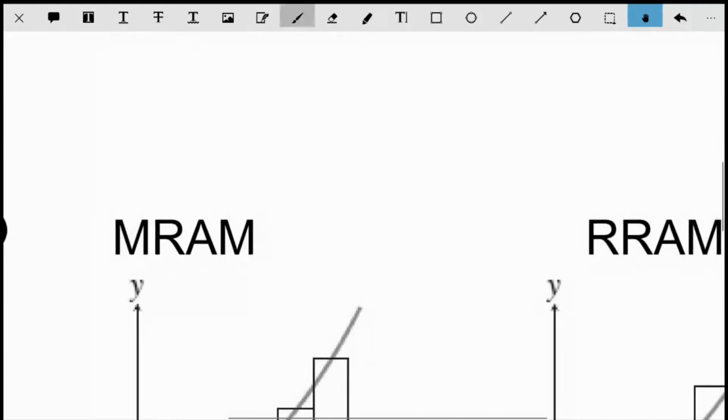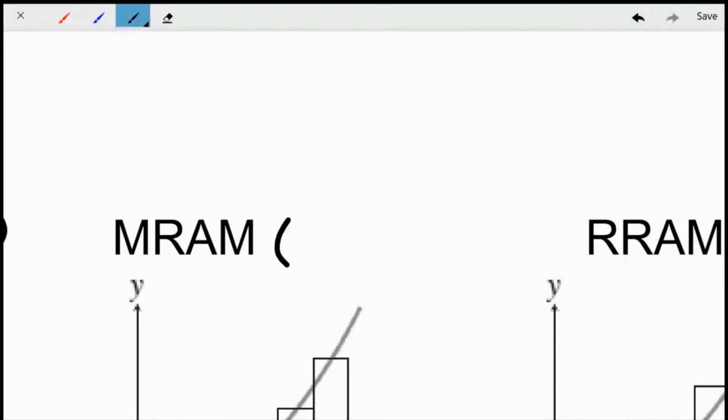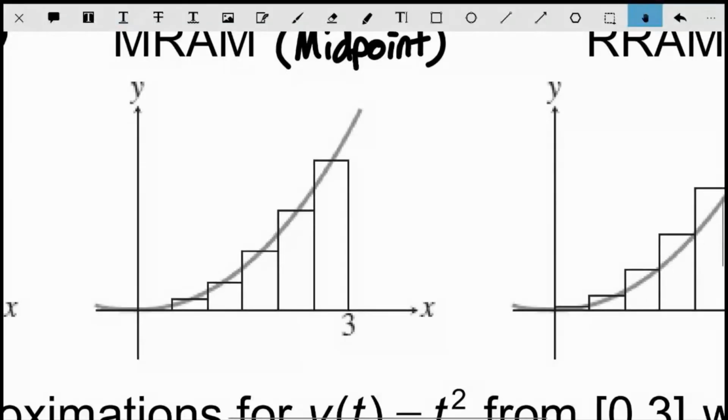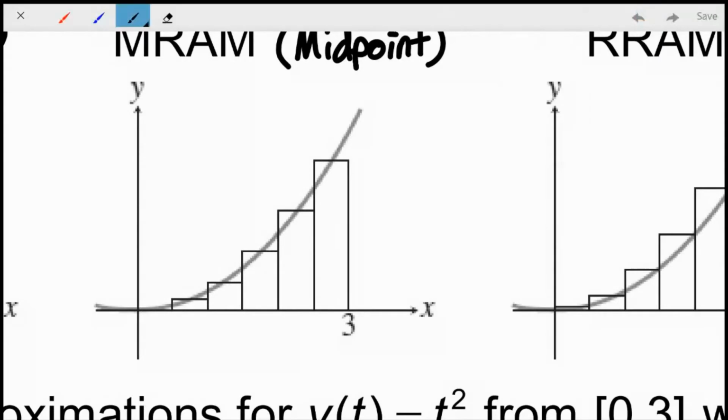We have one more method we can use, which is called a midpoint rectangular approximation. Okay, so this is a midpoint approximation. So MRAM would be midpoint rectangular approximation method. And you can see on this one, what we're doing is to find the height of the rectangle, we're using the function value at the midpoint of each subinterval.